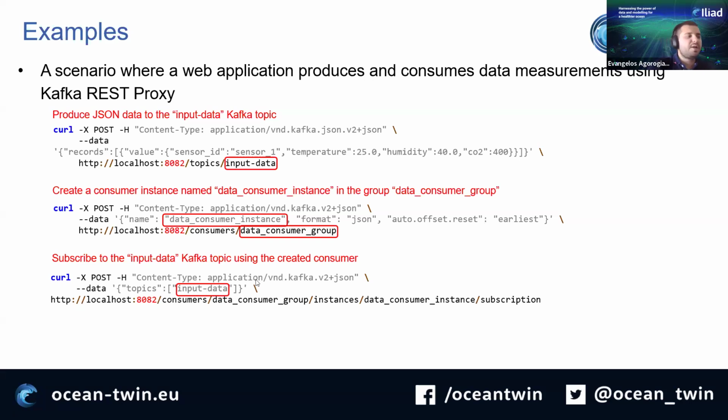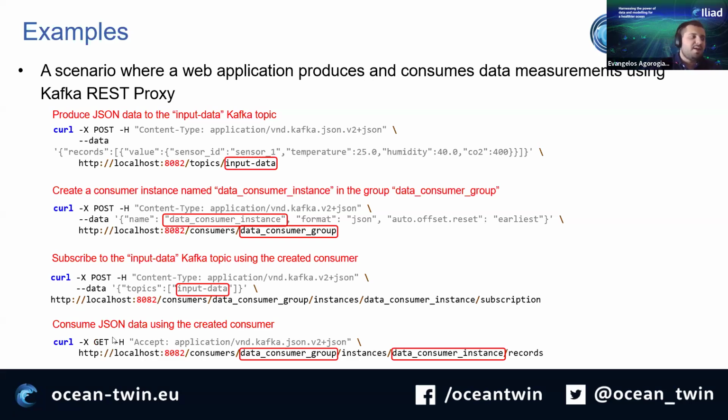And since it is subscribed to this topic, we expect that this consumer will receive and read the data written into this topic. And we also have the consumer action, which is performed through a GET request, where the data of this specific created consumer instance that belongs to the consumer group will consume and receive the data from the input data topic in the JSON format as defined earlier.